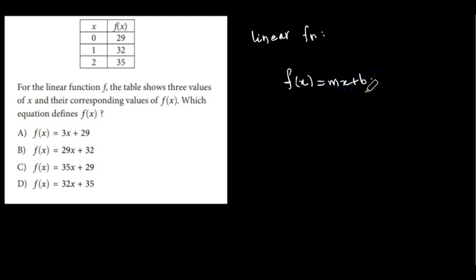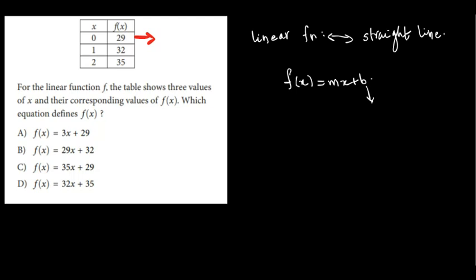The graph of a linear function is a straight line. So b is going to be your y-intercept. You can see from the given information that the y-intercept is 29, so (0, 29) is the y-intercept. The b value should be 29, which means the constant in your equation should be 29.